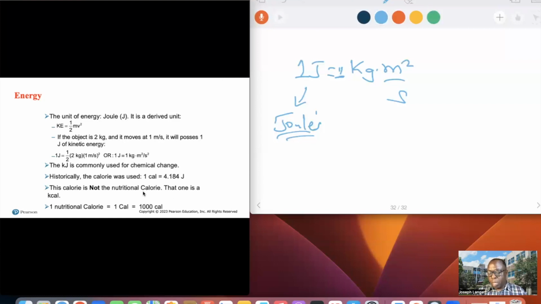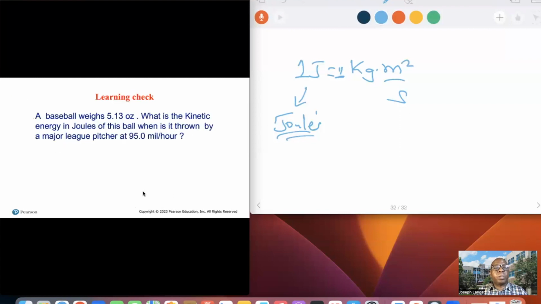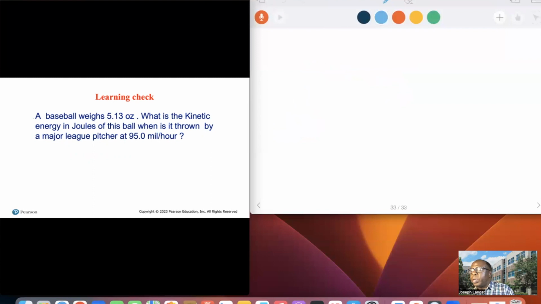All right, let's see an example on calculating the kinetic energy. Remember, you need to change the mass to kilogram and speed to meters per second. We haven't covered the dimensional analysis to change from one unit to another, but you should be able to do that from intro to chemistry.